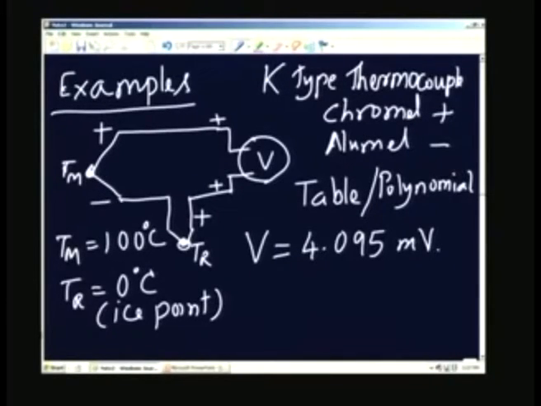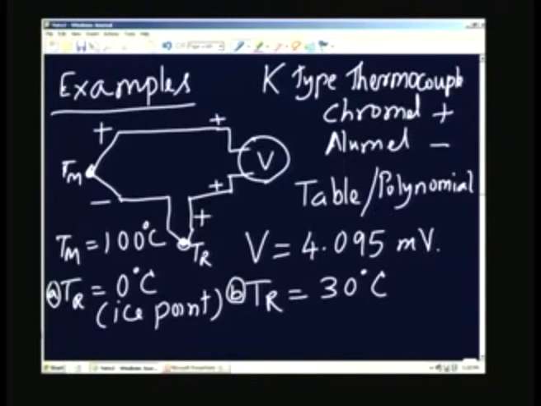I want to just make a small change here in this example. Instead of taking the reference at the ice point, suppose the reference is not at the ice point, but changed to 30 degrees Celsius. If I say this is case A corresponding to temperature equal to 0 degrees, this will be case B where I have taken the reference junction to be at 30 degrees.